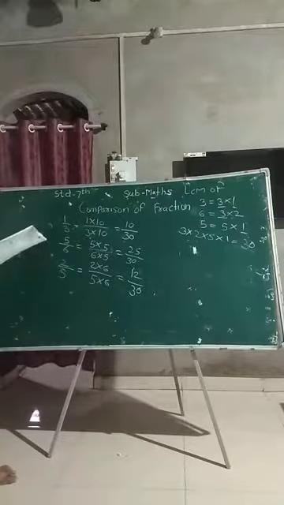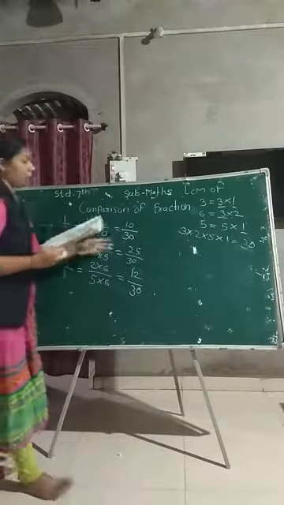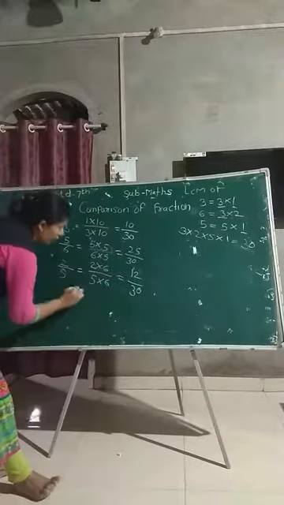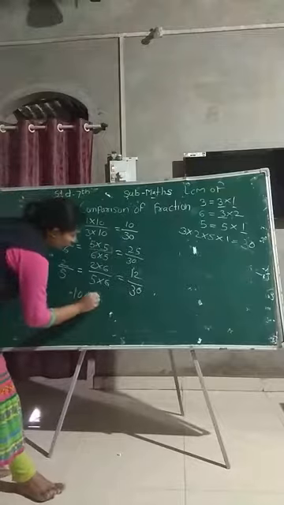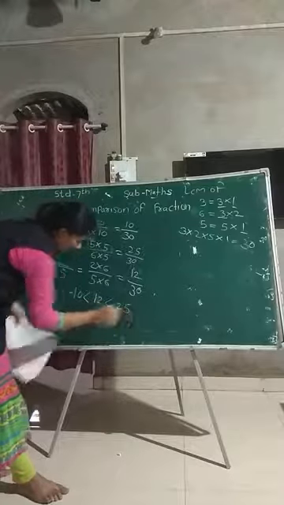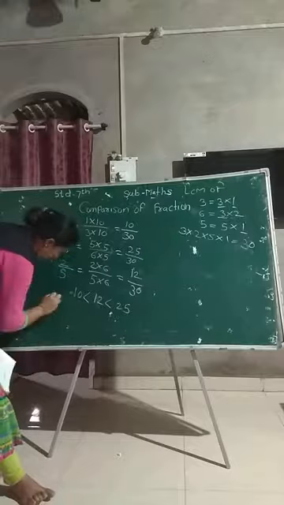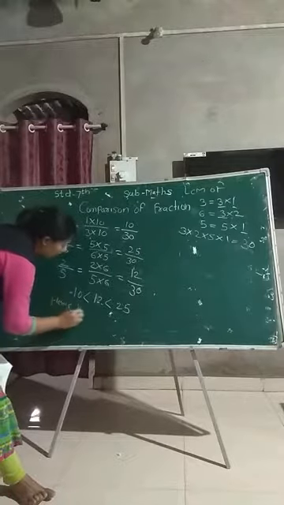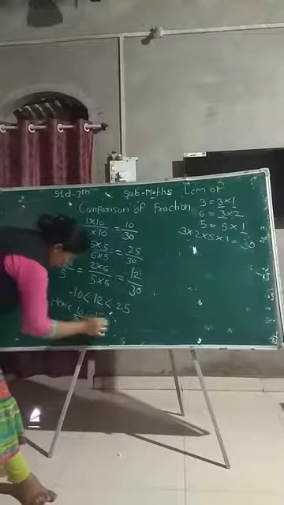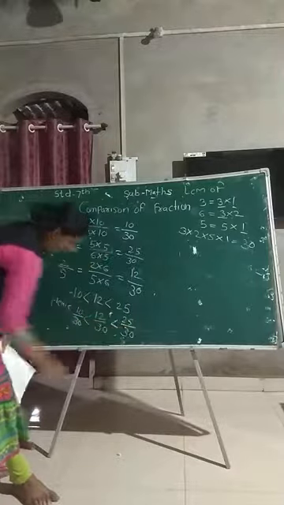By comparing the numerators of 10/30, 25/30 and 12/30, we can say that 10 is less than 12 is less than 25. Hence 10/30 is less than 12/30 is less than 25/30.